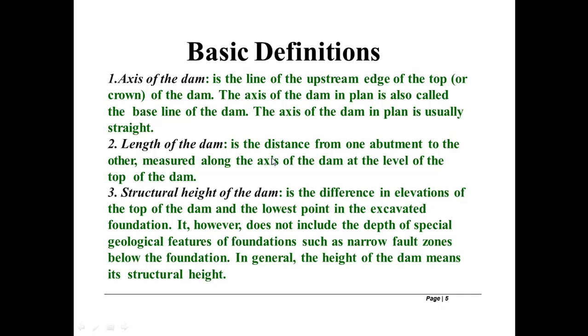Third one is the structural height of the dam. The structural height of the dam is the difference in elevations of the top of the dam and the lowest point in the excavated foundation. It, however, does not include the depth of special geological features of foundations such as narrow fault zones below the foundations, but in general the height of the dam is its structural height.